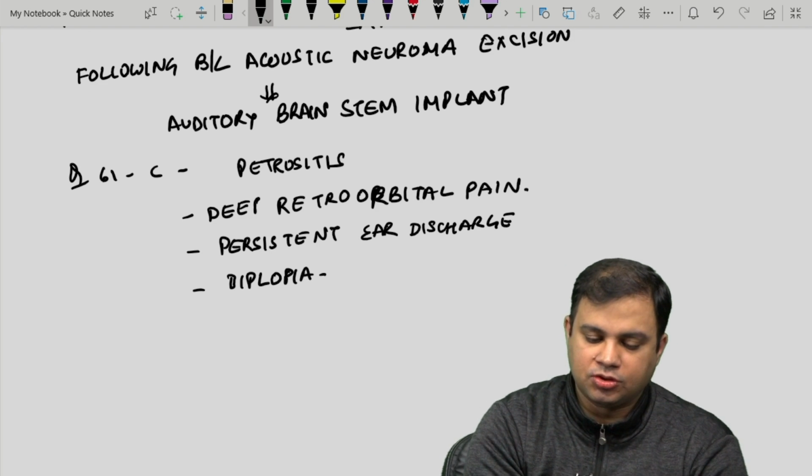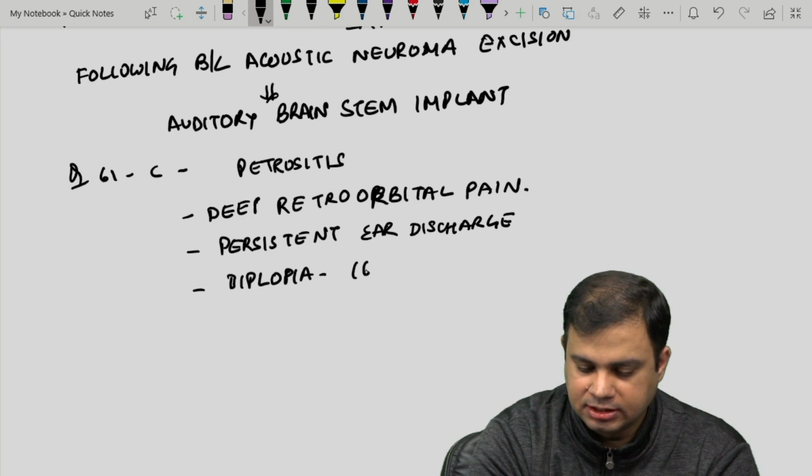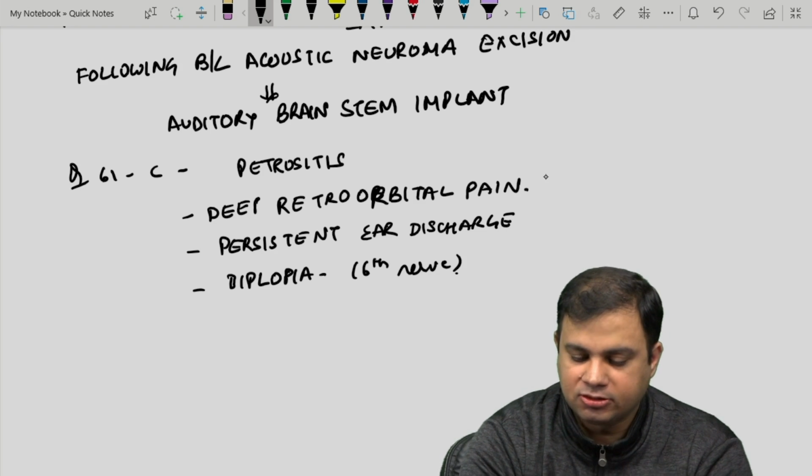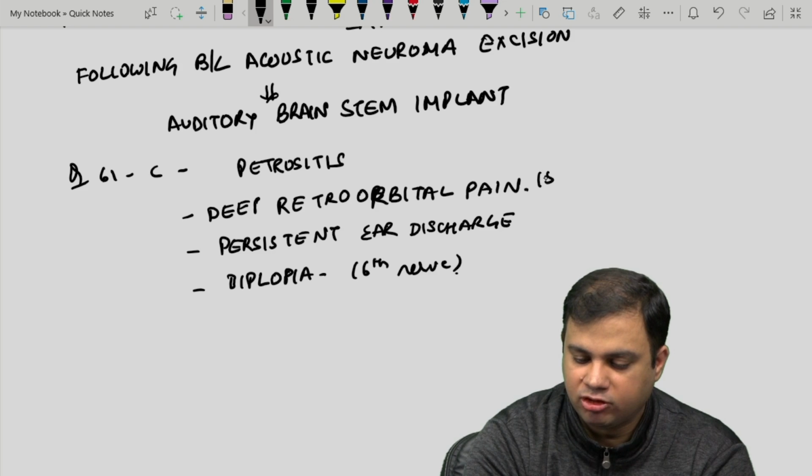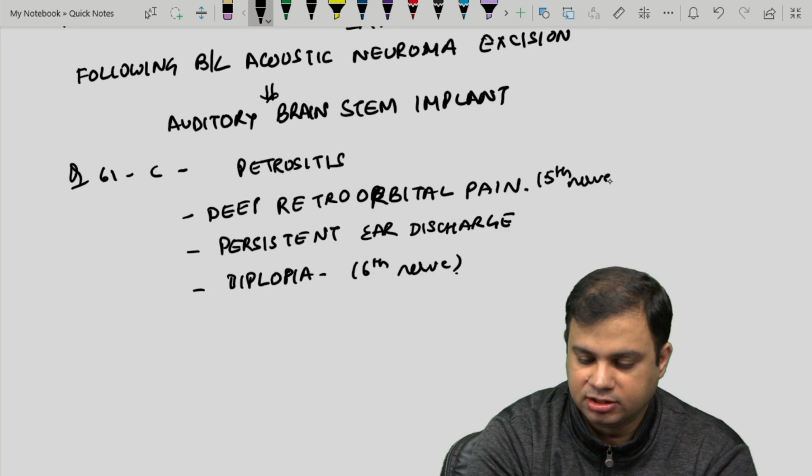Diplopia is because of the involvement of the sixth nerve, whereas deep retroorbital pain is because of the involvement of the fifth nerve.